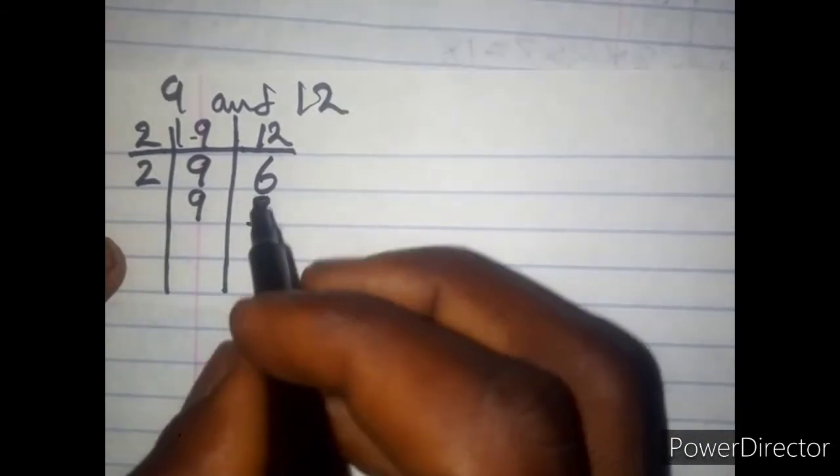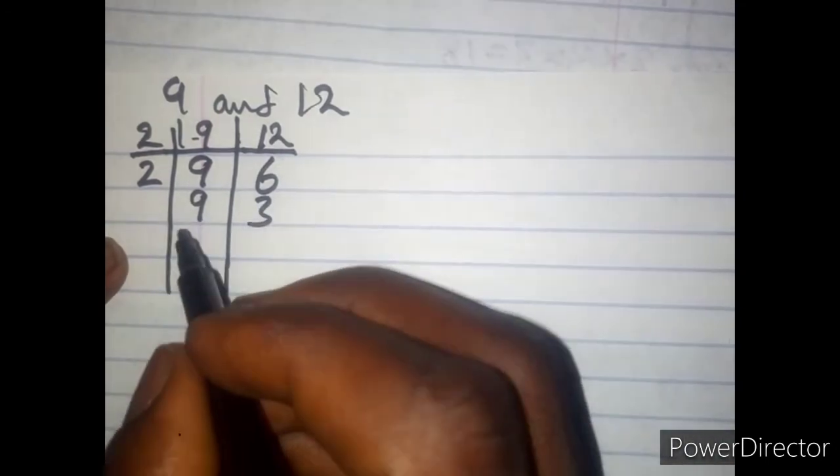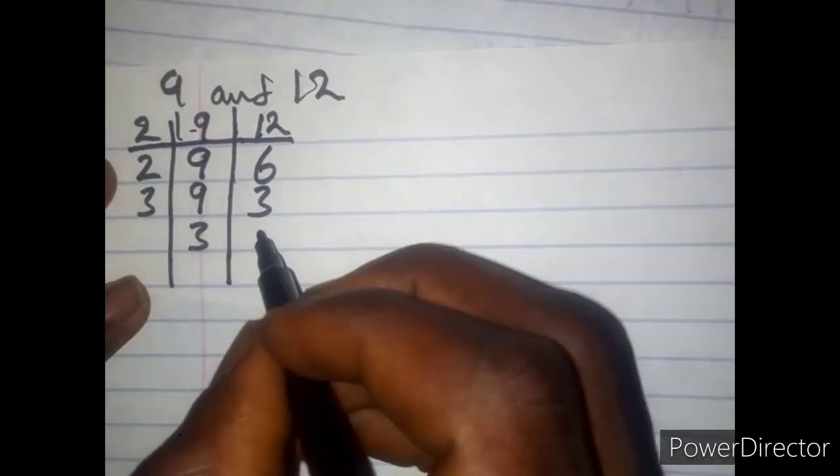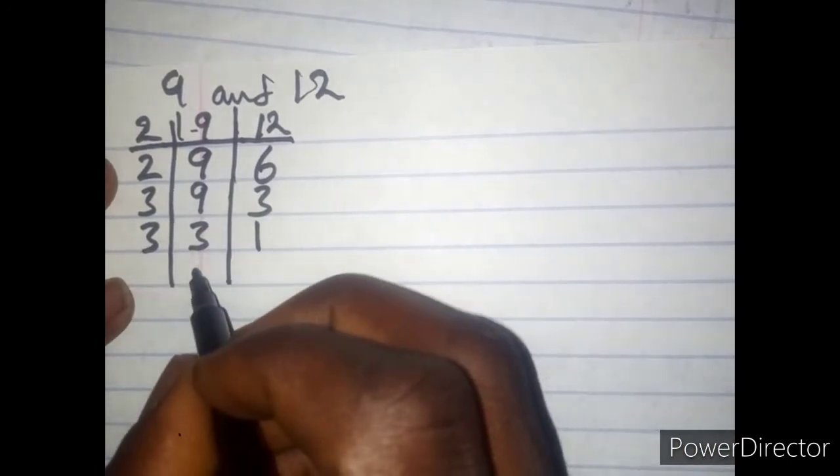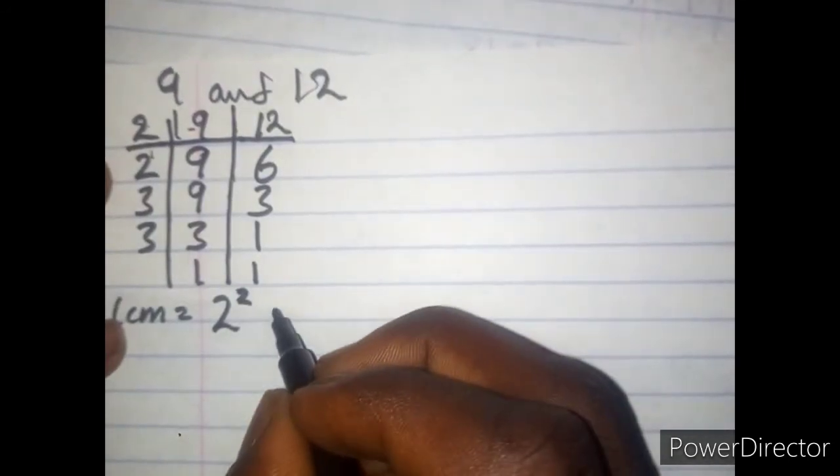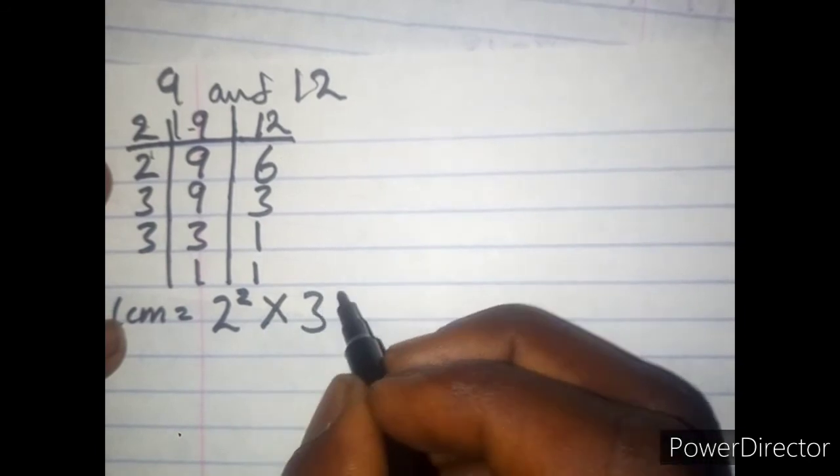What is the lowest number that can divide 3 and 9? It is 3. 9 divided by 3, you have 3. 3 divided by 3, you have 1. Again, 3 divided by 3, you have 1. So LCM here is equal to 2 raised to the power of 2 times 3 raised to the power of 2.